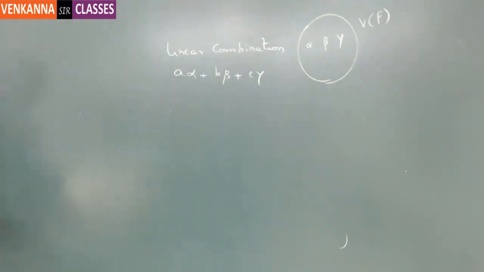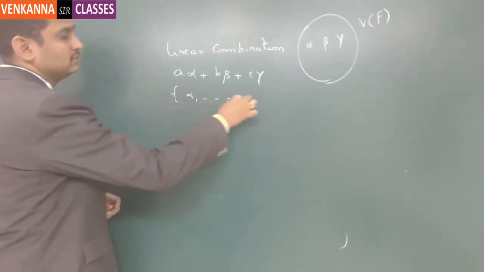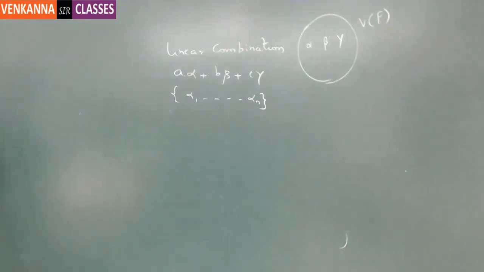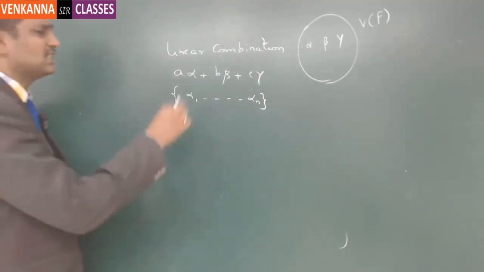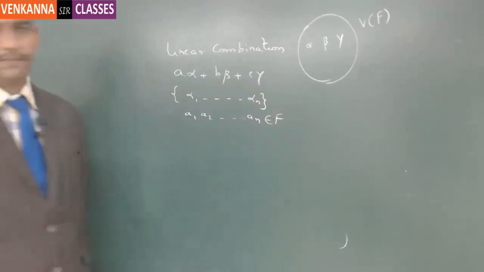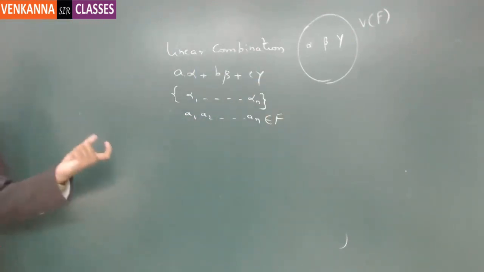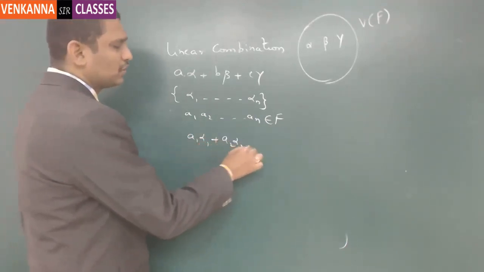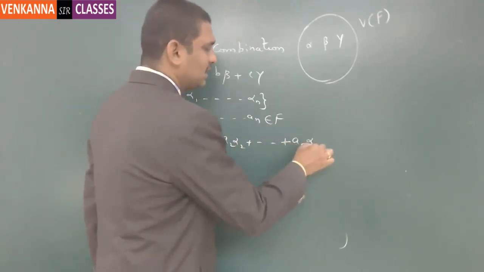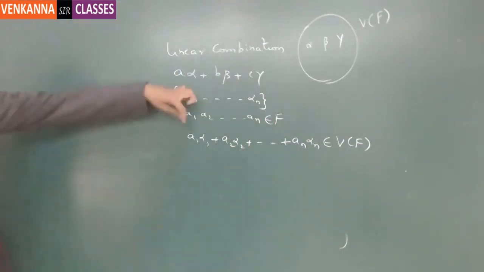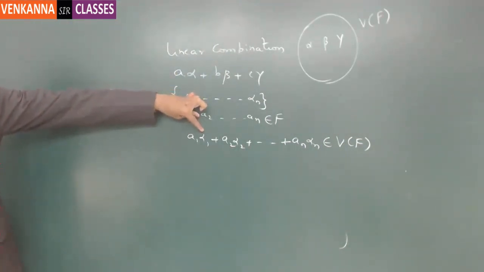If you generalize that, you take a set of n vectors, alpha 1, alpha 2, and so on, alpha n in the vector space V of F. And you take any scalars in the field, a1, a2, and so on, an, which are scalars in the field F. Now, the sum of the products a1 alpha 1 plus a2 alpha 2 plus and so on plus an alpha n will belong to the vector space V of F, because you are multiplying a vector with a number.